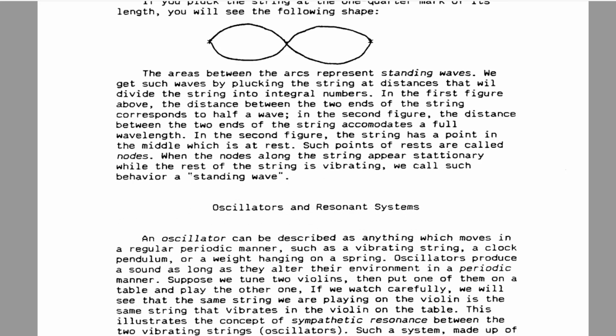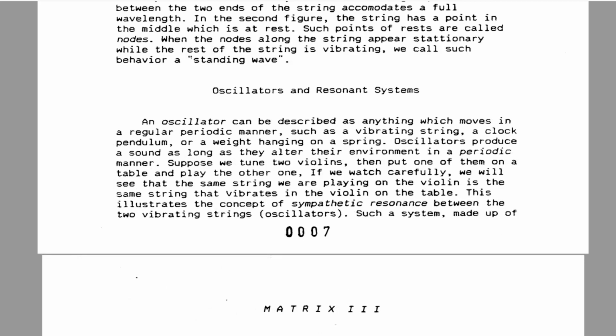Oscillators and resonant systems. An oscillator can be described as anything which moves in a regular periodic manner, such as a vibrating string, a clock pendulum, or a weight hanging on a spring. Oscillators produce a sound as long as they alter their environment in a periodic manner. Suppose we tune 2 violins, then put one of them on a table and play the other one.